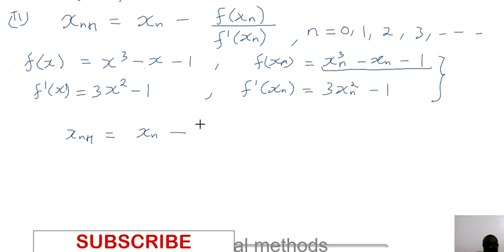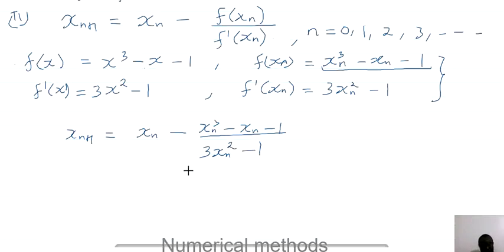So we shall have x_n power 3 minus x_n minus 1 all over, substituting for f derivative of x_n, which is here, 3x_n power 2 minus 1. The next step is we are going to get the LCM. And you have to be wise on how to deal with a fraction here.